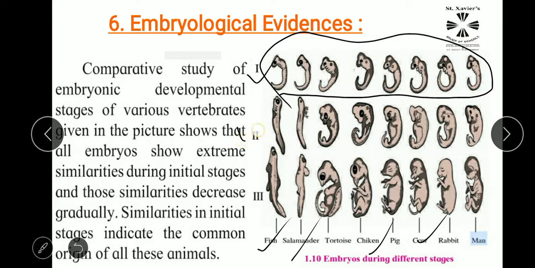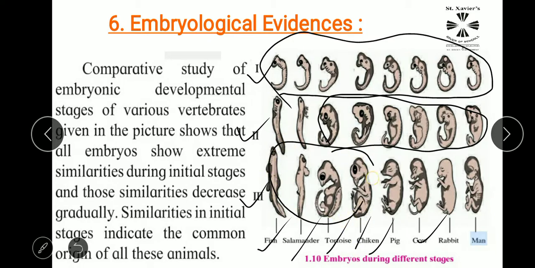When it reaches the second stage, you can distinguish a few embryos like fish and salamander, but the rest still look the same. In the third stage, you can distinguish the first four: fish, salamander, tortoise and chicken. The rest still look the same.